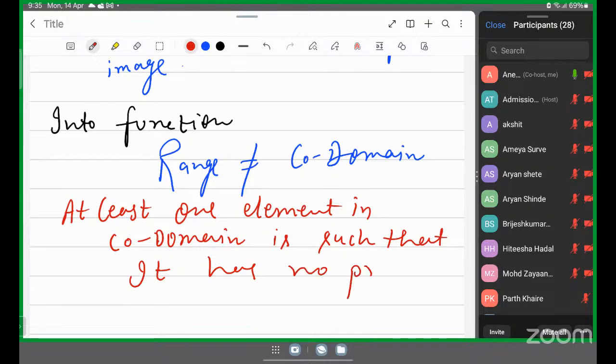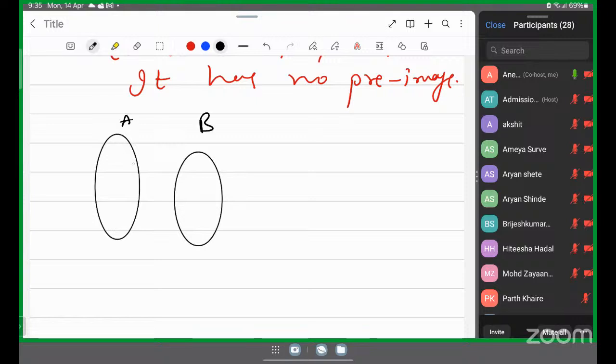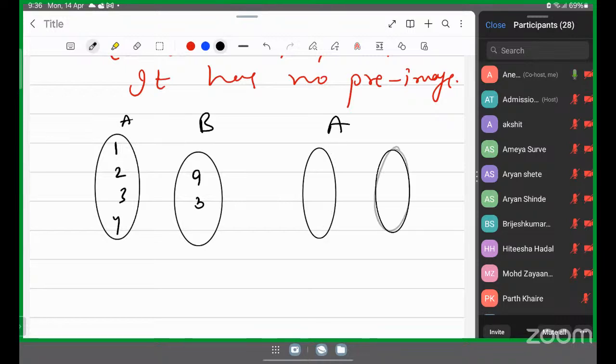At least one element must exist which has no preimage. In that case, it will be into. For example, set A and set B, 1, 2, 3, 4, A, B, C, D, E.